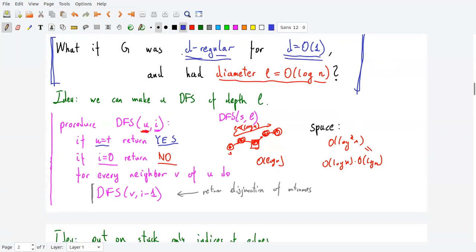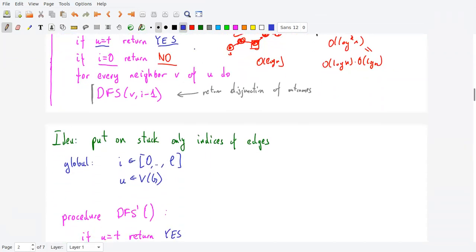In order to remember a path from S to the current vertex, instead of remembering the identifiers of all the consecutive vertices, I would just need to remember which of the d edges is the first edge, then which of the d edges is the second edge, and so on. So in essence, instead of remembering the whole vertex, we just put on the stack the indices of edges.